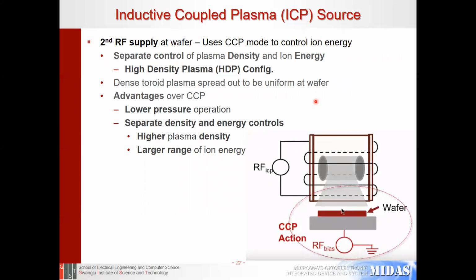Now I'm going to show what's called the ICP with the high density plasma. In this configuration, we have our ICP and we couple that with the CCP action. So we are going to add RF bias to the wafer. Here you can see in this diagram, RF bias to the wafer.